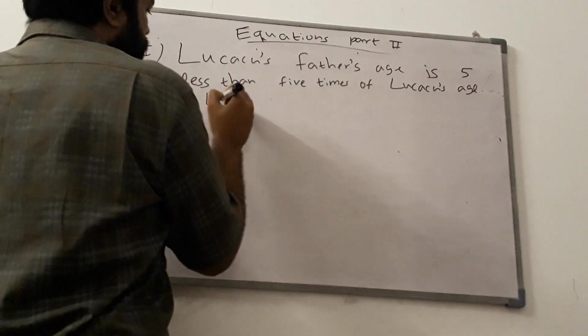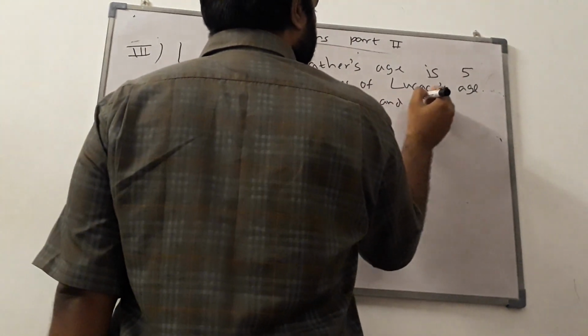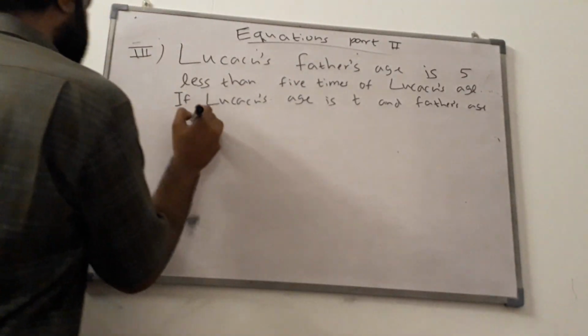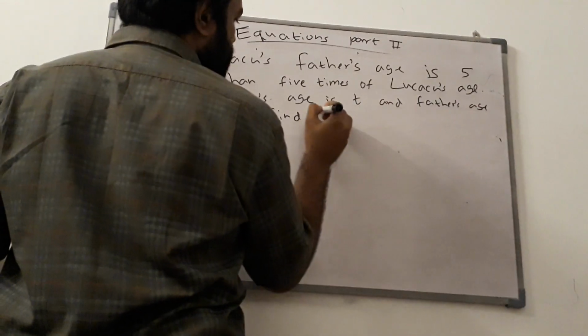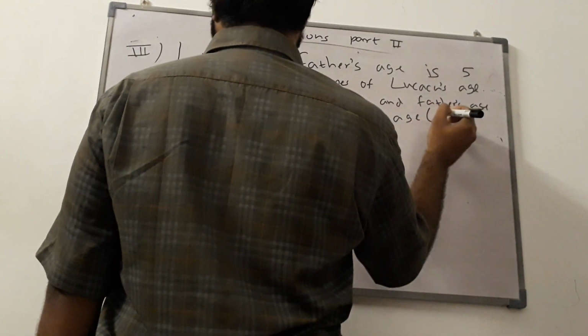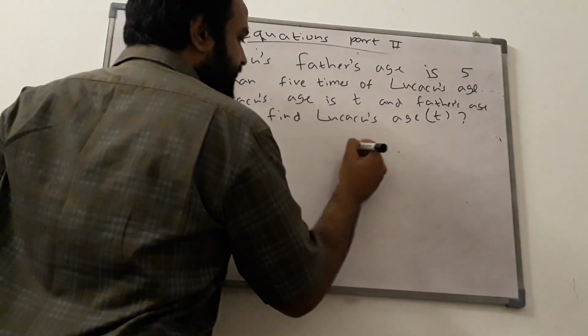If Lukaku's age is 3 years and father's age is 55, find Lukaku's age. Lukaku's age means, what is that? Find Lukaku's age. Lukaku's age is T. So we have to find T. Okay, Lukaku's age is T.